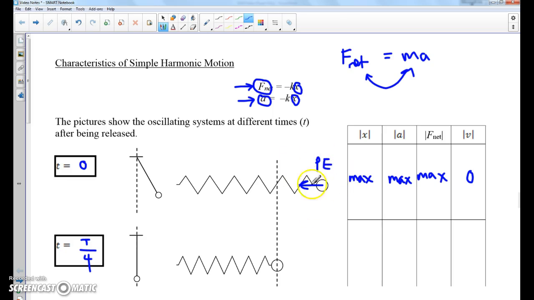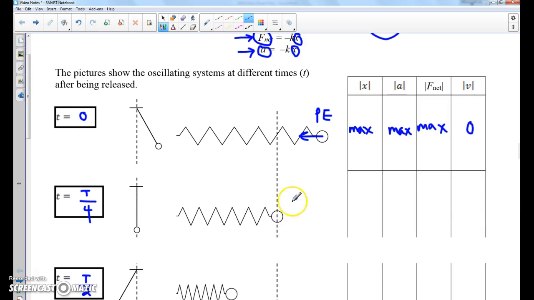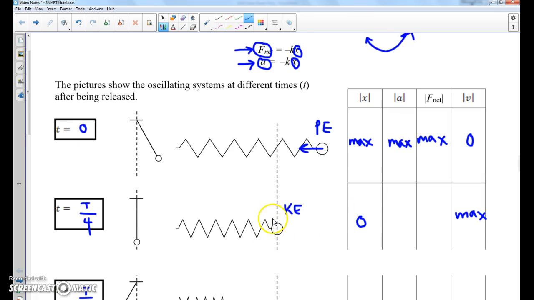We don't have kinetic energy here. But when we get to the middle, we've changed our potential energy into kinetic, and so now our speed is at a maximum. But the displacement is 0. We are at the center. And because the displacement is 0, so is the acceleration, and then so is the net force.